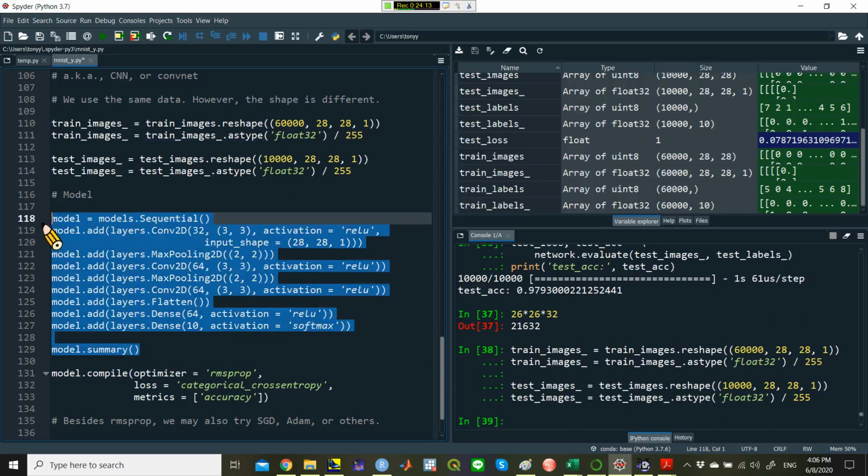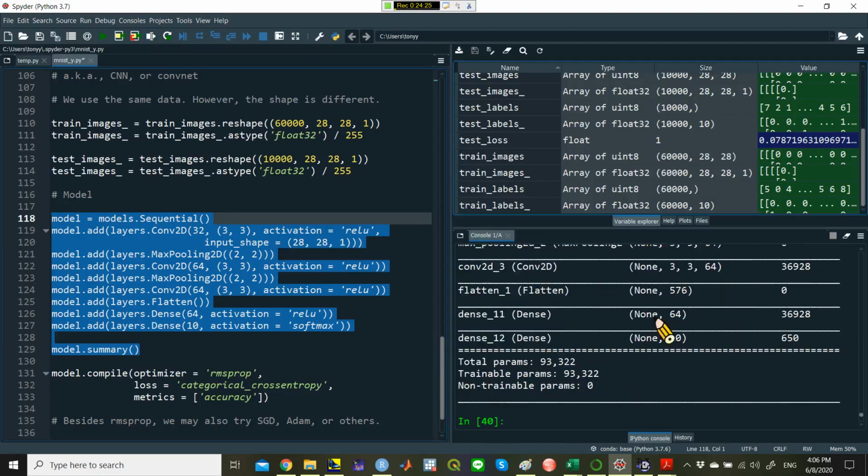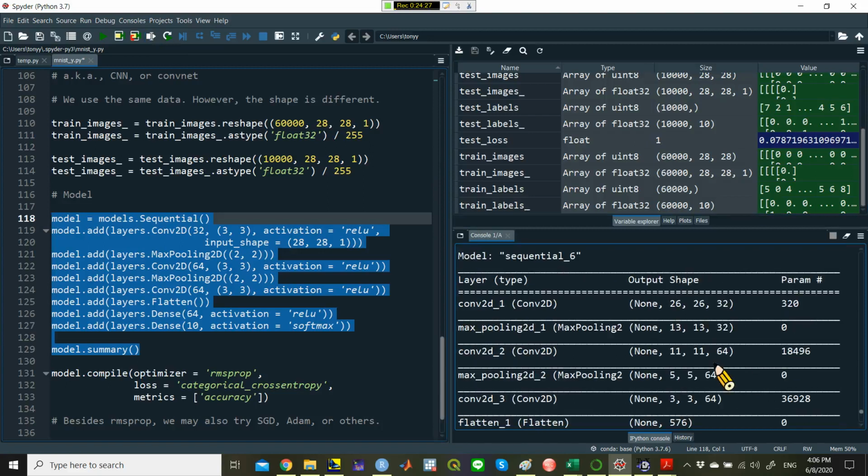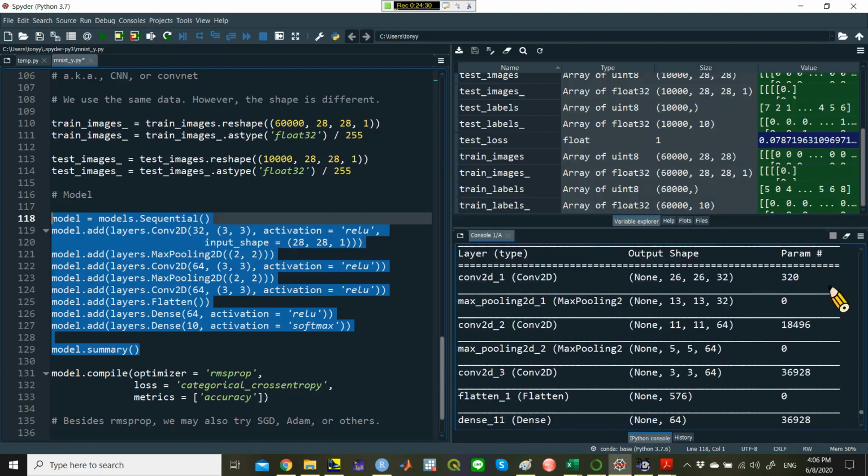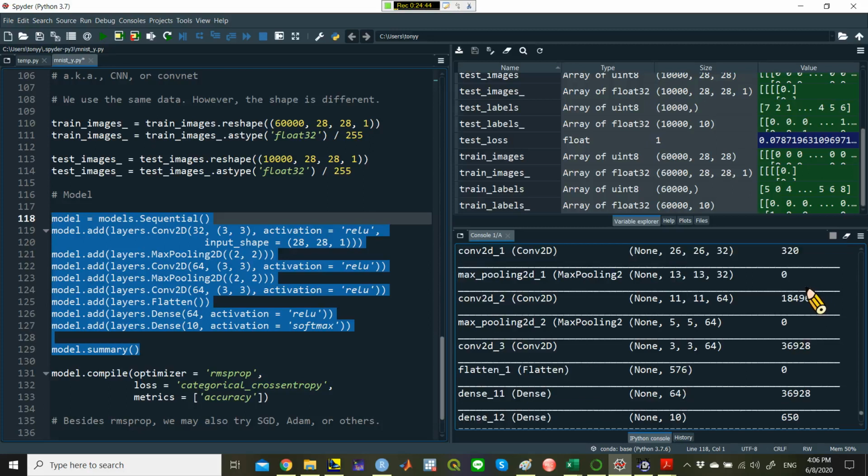And we can use model.summary. Model is the name we gave to this model, and model.summary means I want to see a summary about the model. So this is our summary. In the first hidden layer, we have 320 parameters. In each neuron, we have 10 parameters, and we have 32 of them, so we have 320. Here we take the maximum.